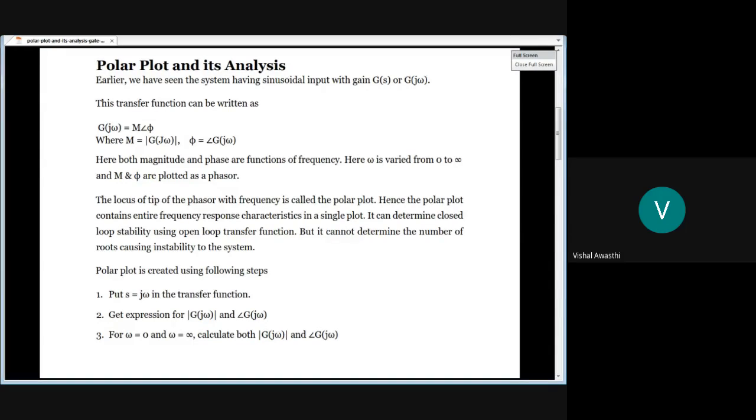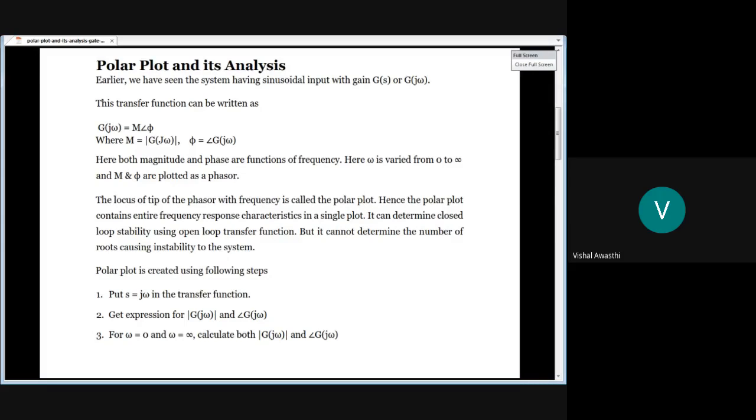So this is your frequency variation, omega equal to 0 and omega equal to infinity. This is a must to get the idea of the response variation when you vary the frequency omega. But in the middle of these, you can also take several values to get a complete idea of the response.